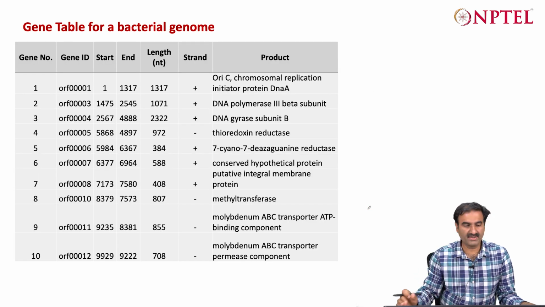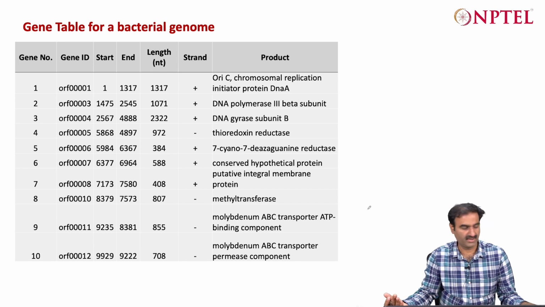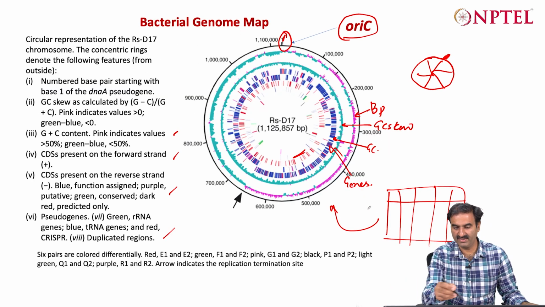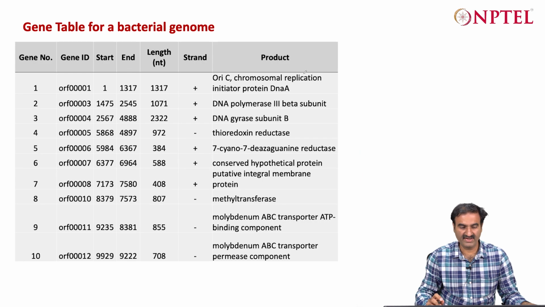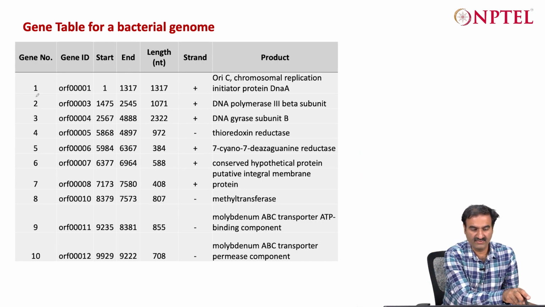And this is a typical gene table, as I mentioned. For a genome like this, it has genes starting from position number 1 and going this way, so you have to write it this way: gene 1, gene 2, gene 3, gene 4, gene 5, gene 6, gene 7, 8, 9.